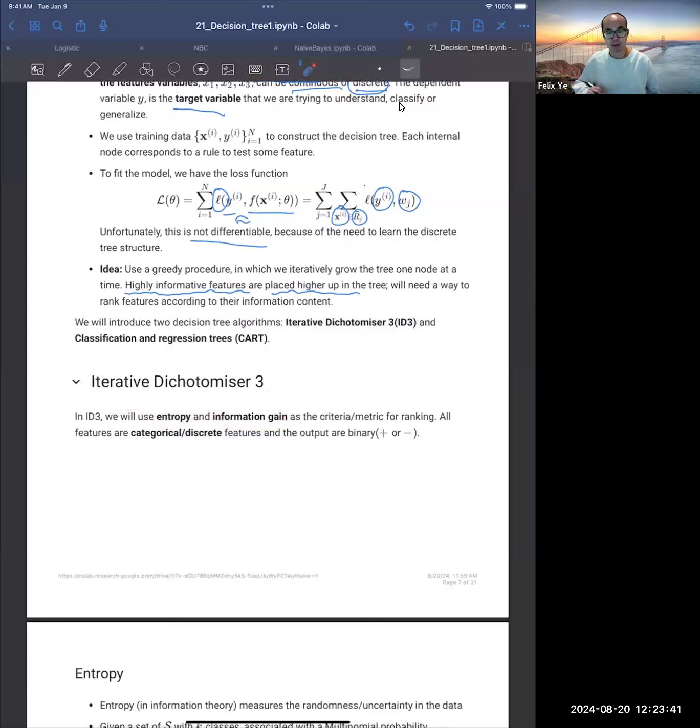My assumption here is that all my features are categorical and discrete, and my output is binary, just plus and minus.